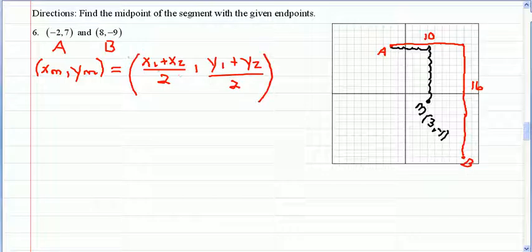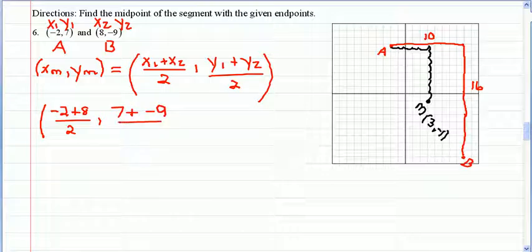And then go back up to my points A and B and label them as x1, y1, and then x2, y2. And I substitute them in the formula so that my midpoint is negative 2 plus 8 divided by 2, and then 7 plus negative 9 divided by 2.